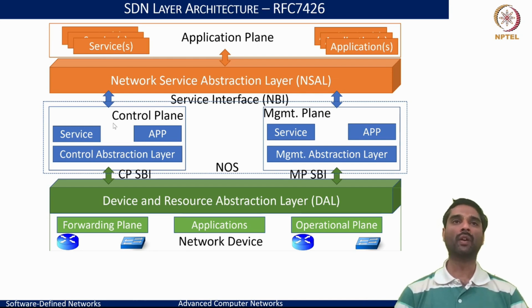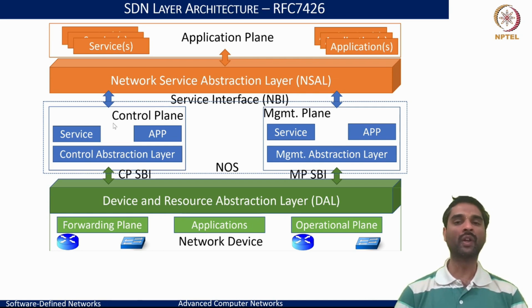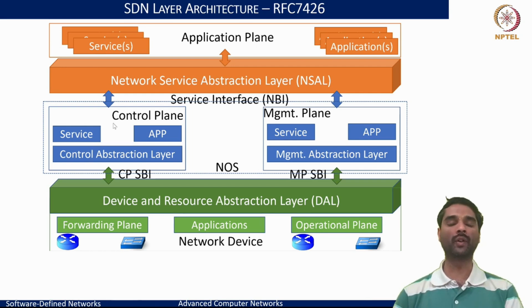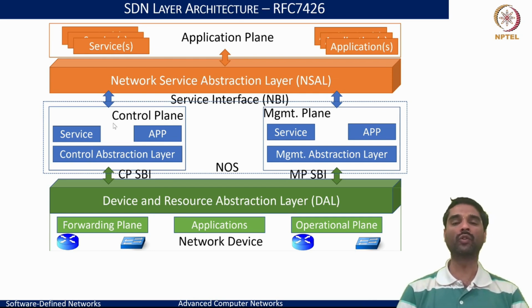These applications support the operations for the forwarding plane, and the applications may be implemented in either a modular as well as distributed fashion. For example, traffic engineering that we spoke about in the earlier lectures. If we want to collect the information about all the networking devices, the application plane may be distributed across multiple network OSs to capture different specific aspects of monitoring the health of network devices, statistics of how many packets were processed, how many packets were dropped at each of the routers and devices, and so on.